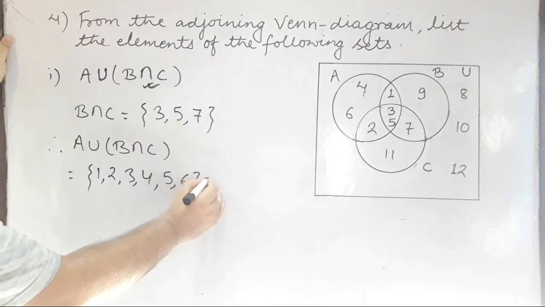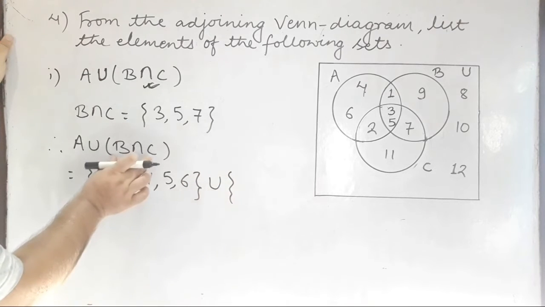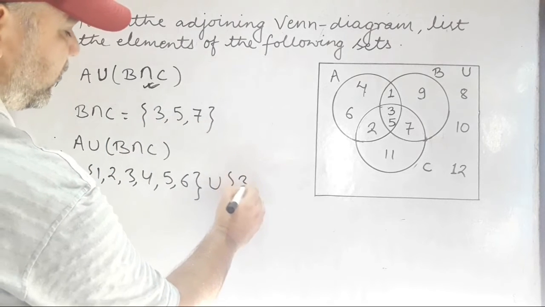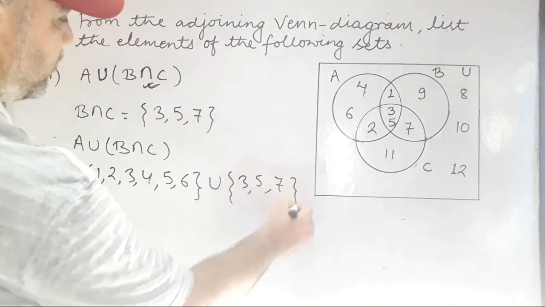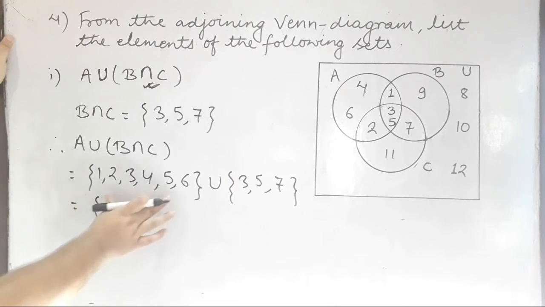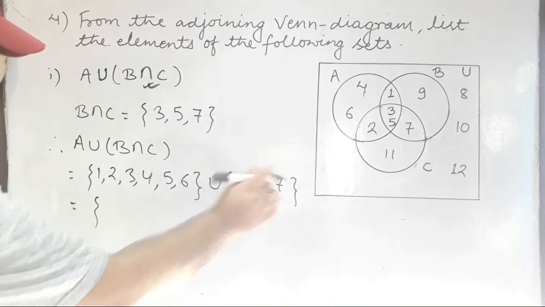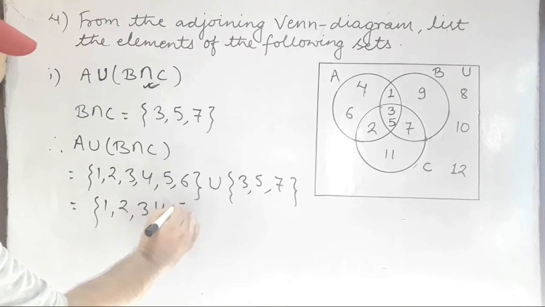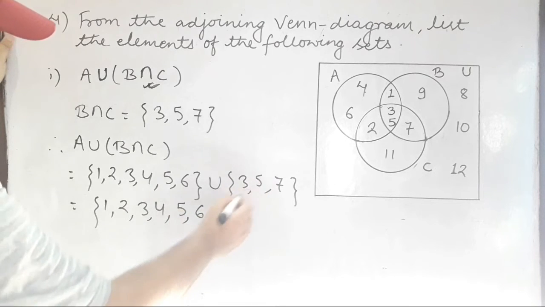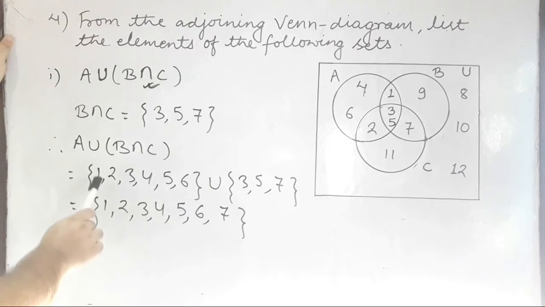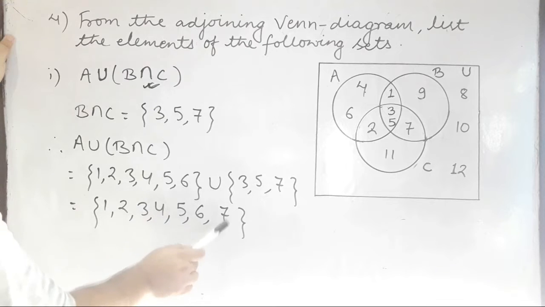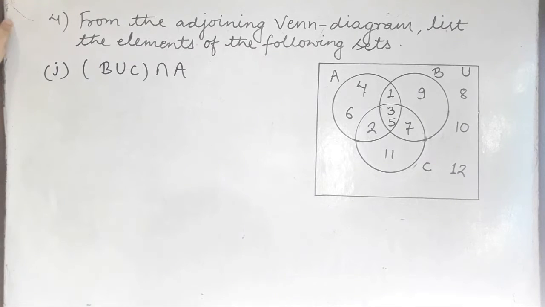Then union B intersection C, which we just now got as the elements 3, 5 and 7. Now the union of these two sets, combining all the elements: 1, 2, 3, 4, 5, 6 and 7. Okay, we got it.